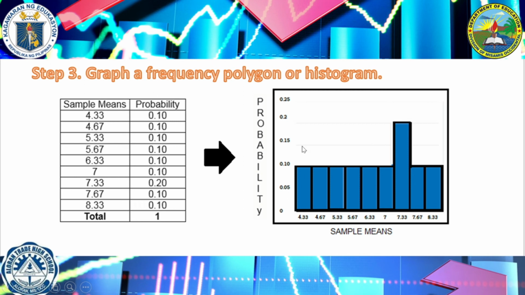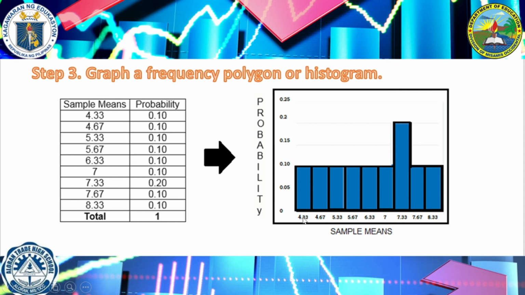Now, how do we put the graph? So we look at sample means and its corresponding probability. Starting from the first one is 4.33 and its probability is 0.10. So we stop at 0.10. Now, if you look at all the sample means and the probabilities, we have the same probability until sample mean 7.